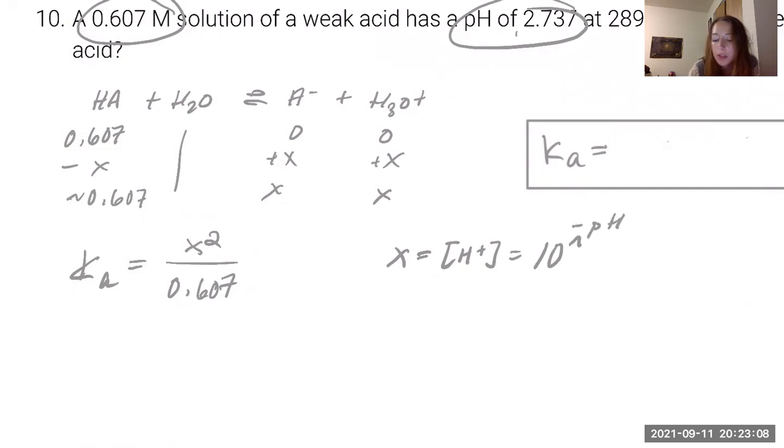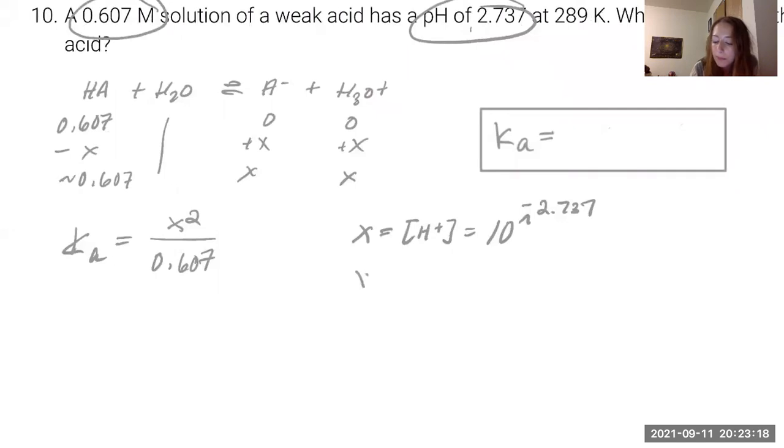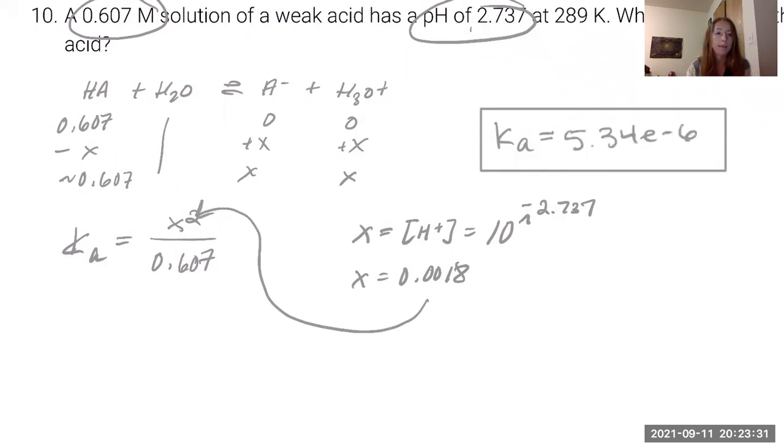So the negative pH here would be 2.737. Okay, when we solve for x, we should get like 0.0018. So yeah, we just solve for x, and then we'll put that back in here. We'll square that. We'll divide it by 0.607. We'll get the Ka, and this is what you should get for the Ka.